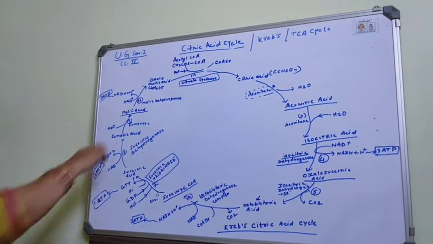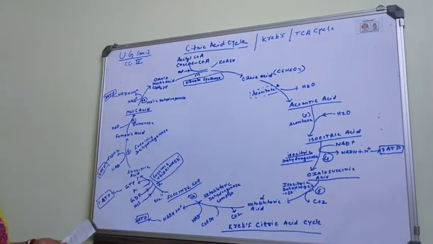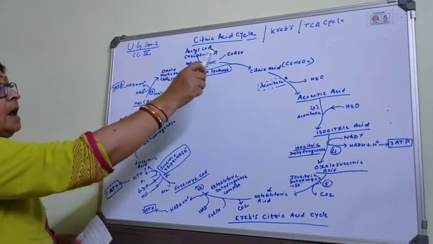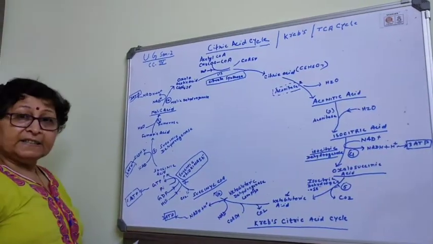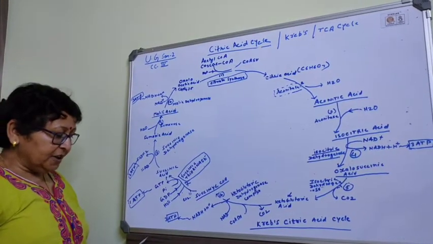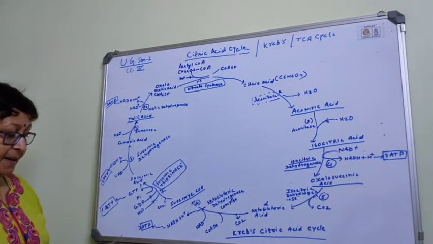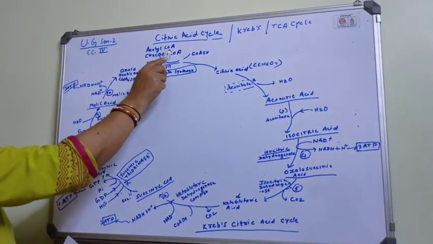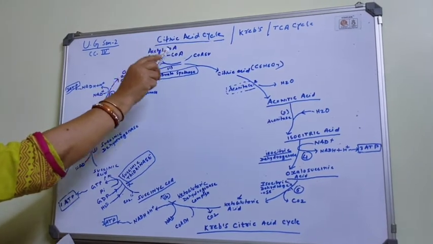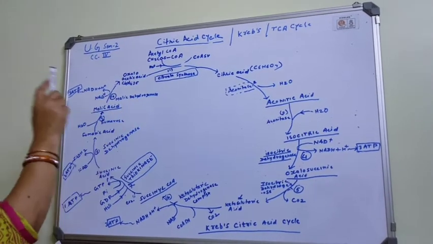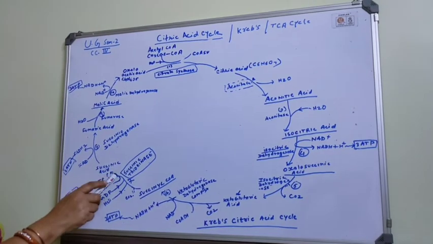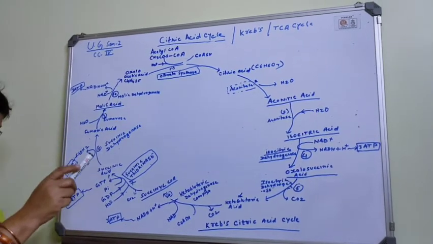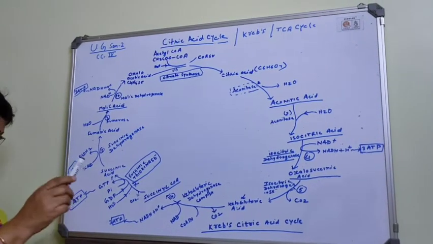It is a series of chemical reactions used by all aerobic organisms to release stored energy through oxidation of acetyl CoA derived from carbohydrate, fat, and protein into ATP and carbon dioxide.